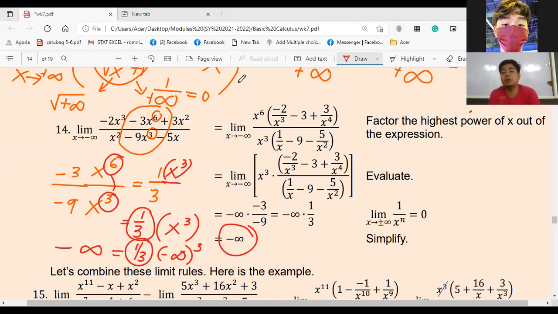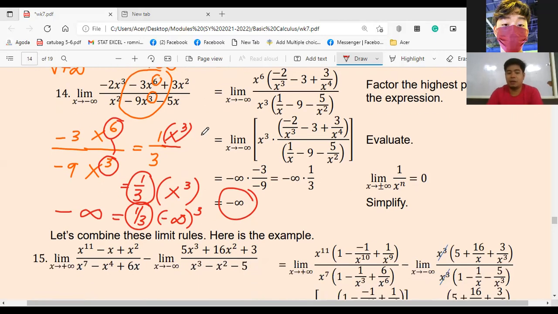Kaya ka nagkakaroon ng rule kasi nakita mo yung pattern. That's the beauty of searching for a pattern. And for a student like you, most especially this kind of subject that requires a lot of writing, it matters to take a look into a pattern. At pwede mo siyang gawing shortcut for you. At kapag napatunayan na totoo yan sa lahat, that's already a good sign that you are creating a rule.